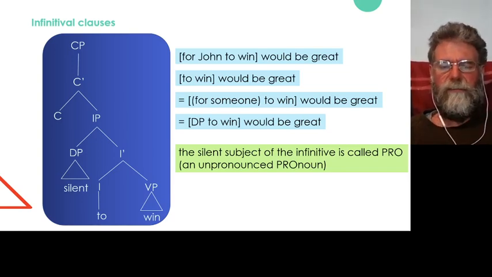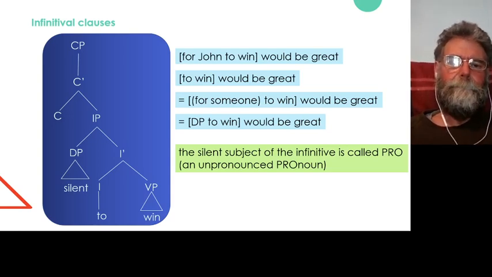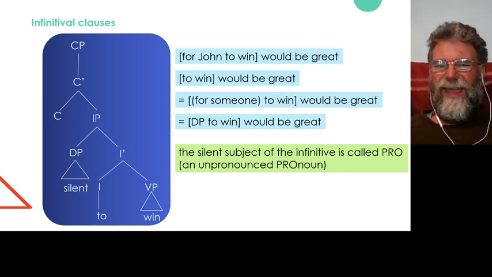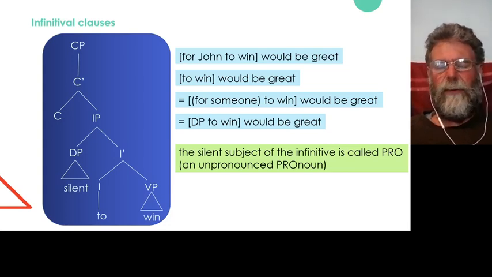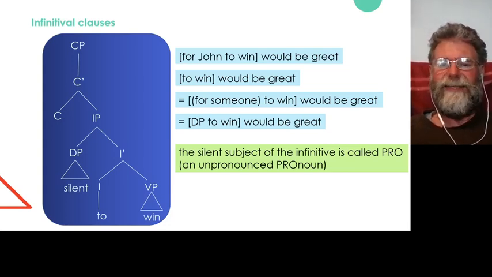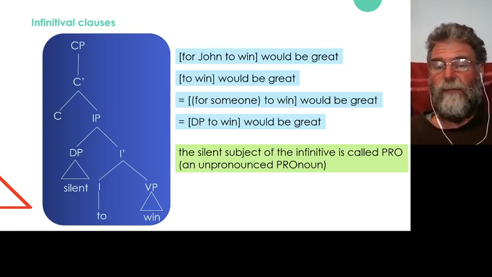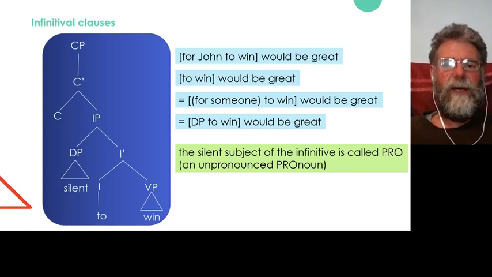Now, the silent subject of this infinitival clause, traditionally, since the 1970s at least, has been called pro, written in capital letters, sometimes called big pro. And the reason why we call it pro is because it has all the properties of a pronoun. It takes its reference from somewhere else in the sentence, just like a pronoun, like he or him would in a sentence.